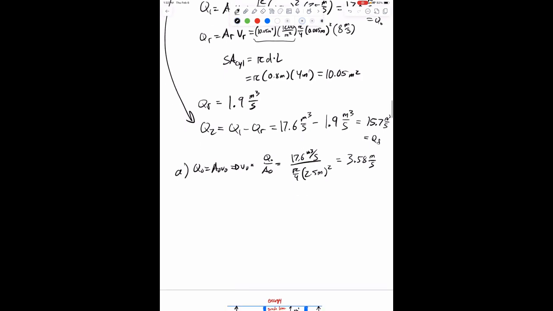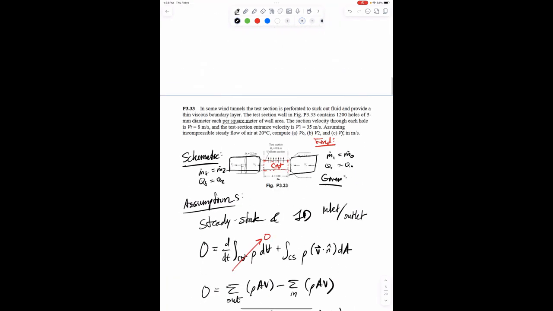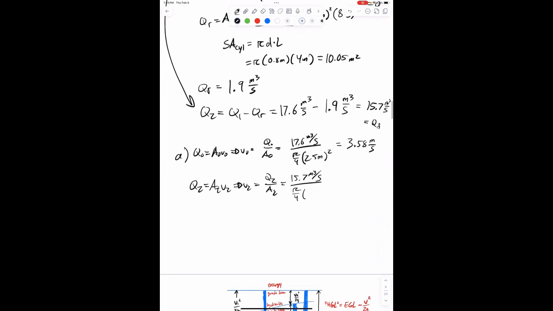Next up is velocity V2, so right after the test section of the wind tunnel. So Q2 is A2 V2. V2 is then Q2 over A2. So that's 15.7 cubic meters per second divided by pi over 4 times the diameter squared. Test section diameter is 0.8 meters, so we'll put that in there.